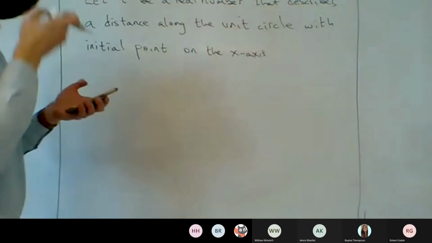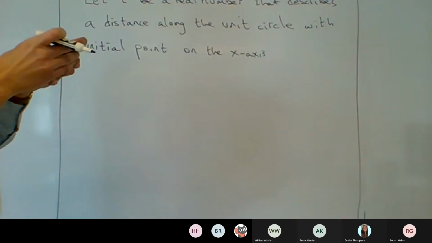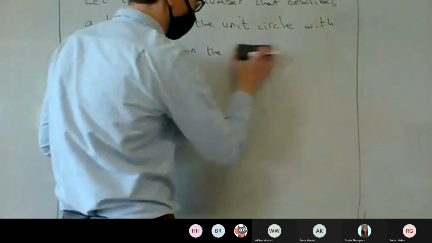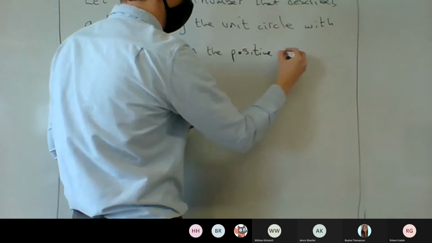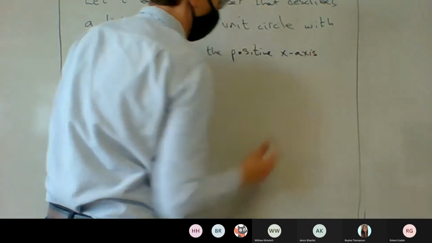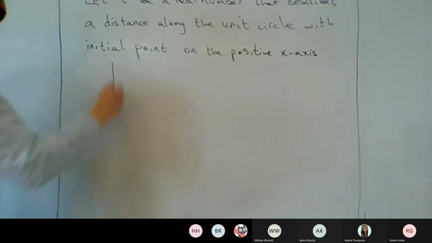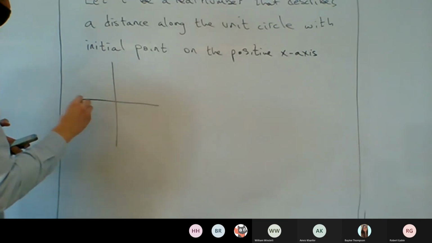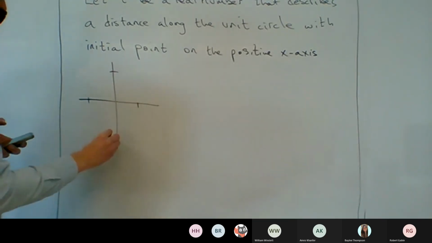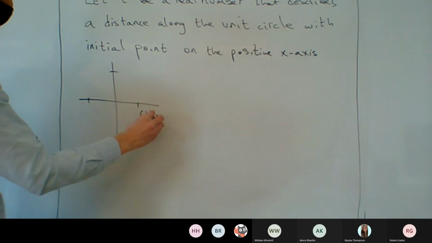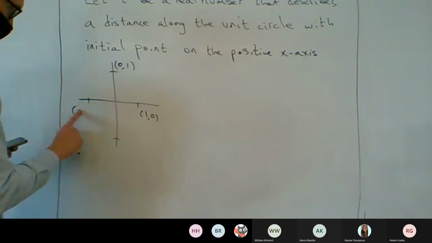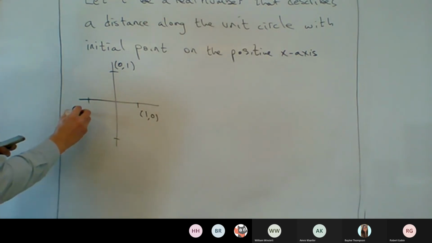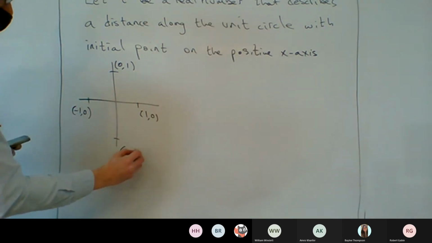And since it's on the unit circle, I can say exactly where it is. What is the point that's on the positive x-axis? If I draw the unit circle, centered at 0 with radius 1, it's hitting all these 4 points: this point is 1, 0, this point is 0, 1, this point is -1, 0, and this point is 0, -1.